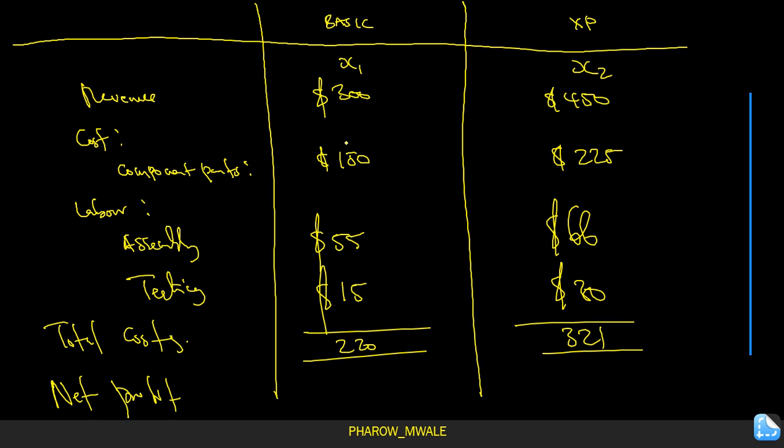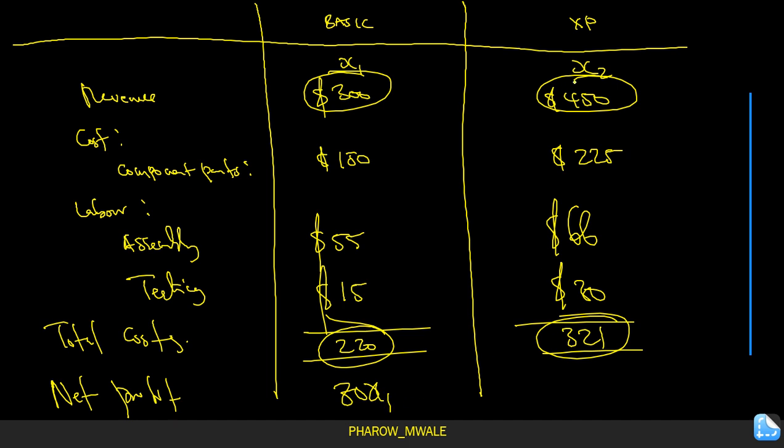We basically deduct the cost from the revenue. Revenue minus cost. So what is 300 minus 220? This is 80. You can even say 80 x1. Then 450 minus 321 gives us 129 x2.